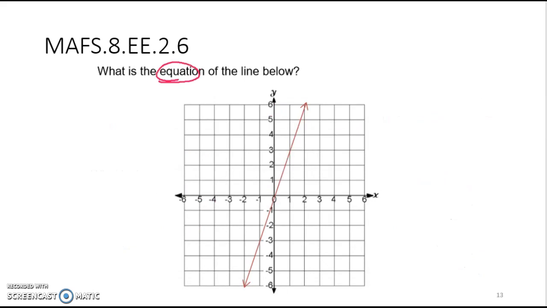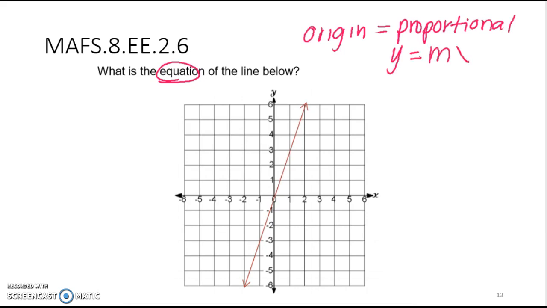What is the equation of the line below? So for the equation of a line, remember, if it goes through the origin, that means it is proportional, which means the line is y equals mx, where all we're doing is plugging in for m, and m means slope.